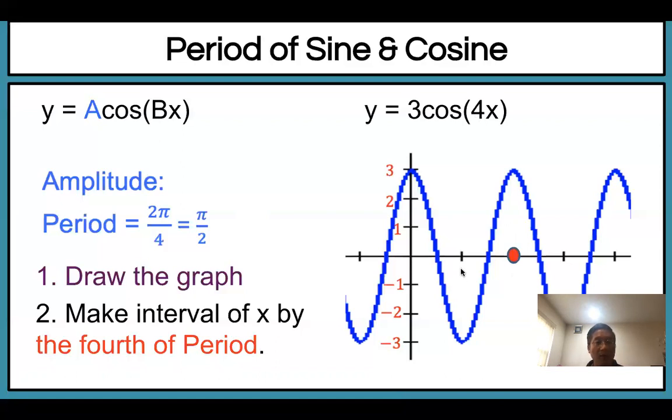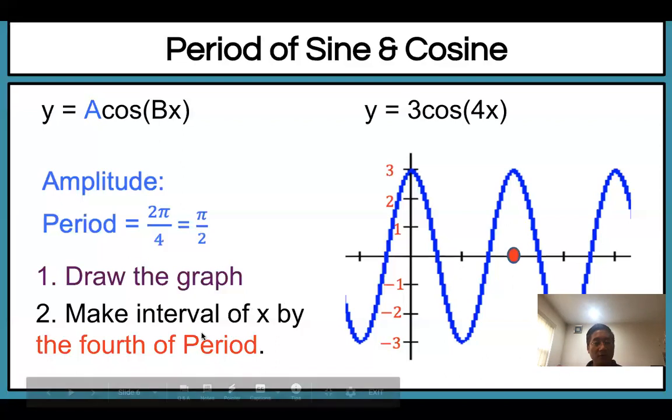Or half of pi over 2 is pi over 4. Then this is pi over 8. And when you do this one, you go by pi over 8, 2 pi over 8, which is pi over 4, and 3 pi over 8. And this is 4 pi over 8 or pi over 2. You need to label this way.